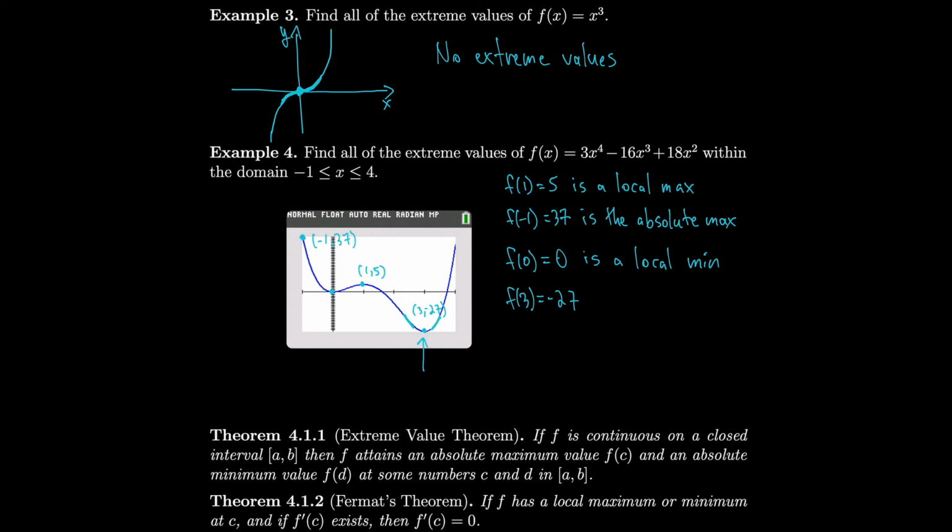It's smaller than all of those nearby points, so that means it's both an absolute minimum and a local minimum. So, how about I just write it's both a local min and absolute minimum.